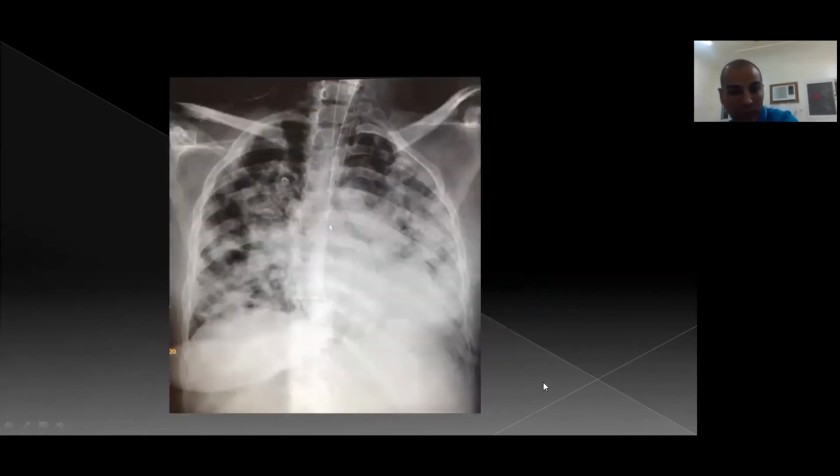In this one, we have multiple nodular opacities. Sorry for the bad quality of the chest X-ray, but we have multiple nodular opacities. Maybe infection, maybe metastatic. How can we differentiate, or what is the most important part here to narrow your differential diagnosis?